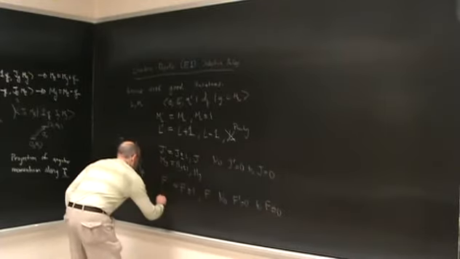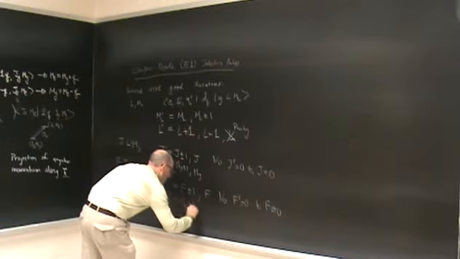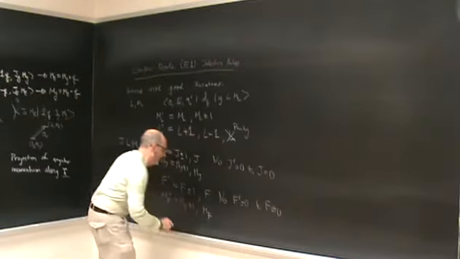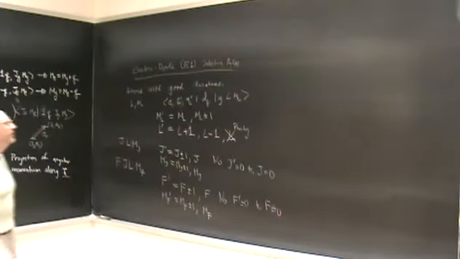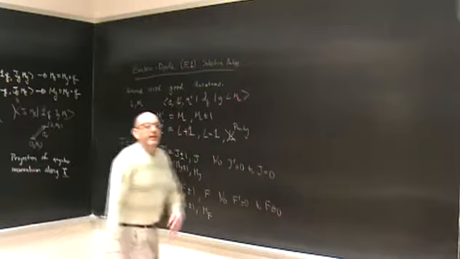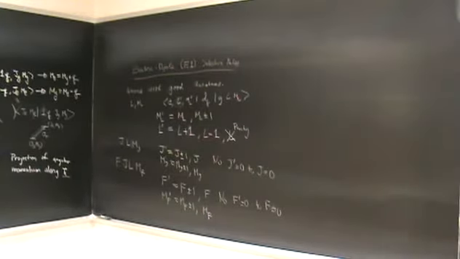And M sub F again changes by plus or minus 1, or stays the same for pi, sigma plus or minus. So these are the dipole selection rules. And if we don't satisfy them, we say it's a forbidden transition.